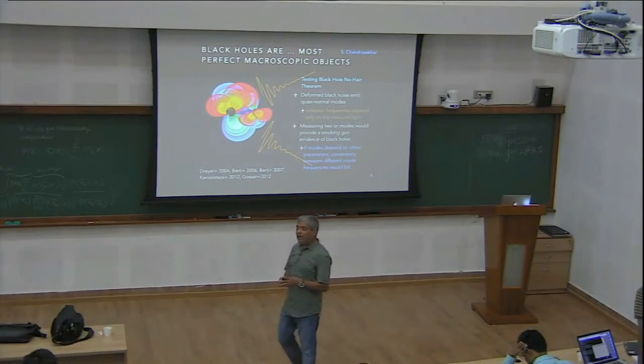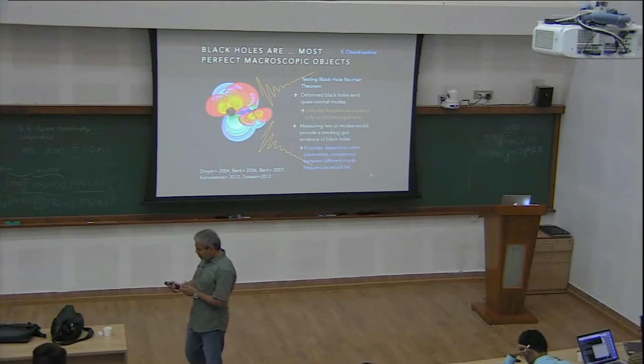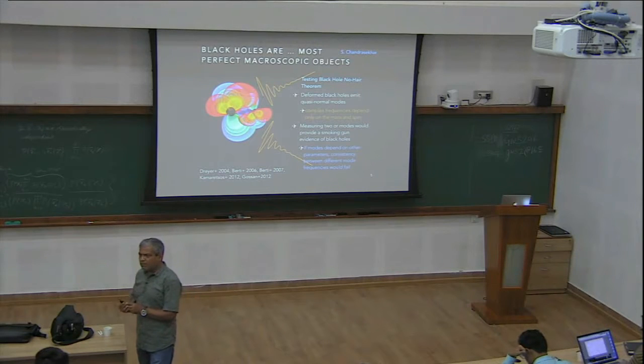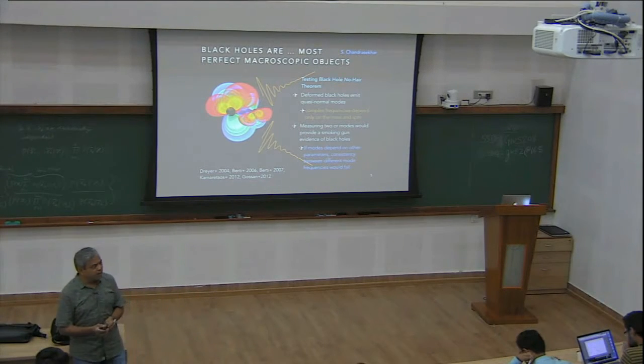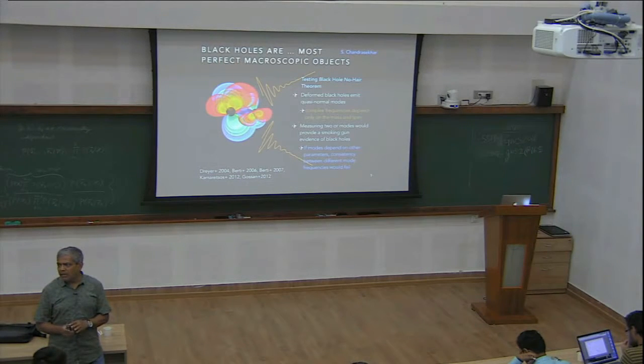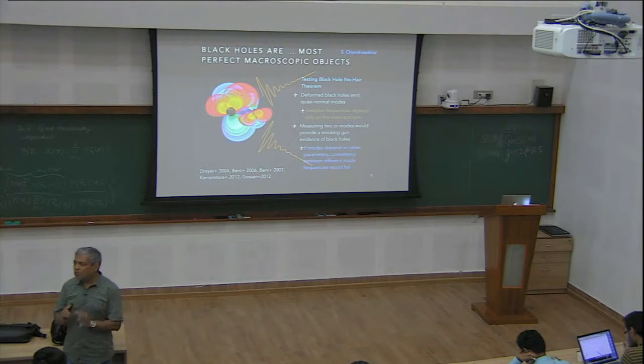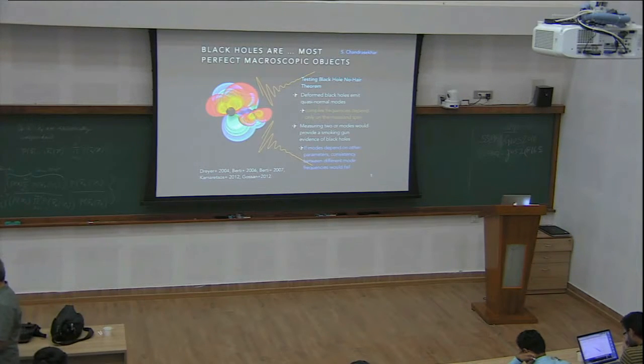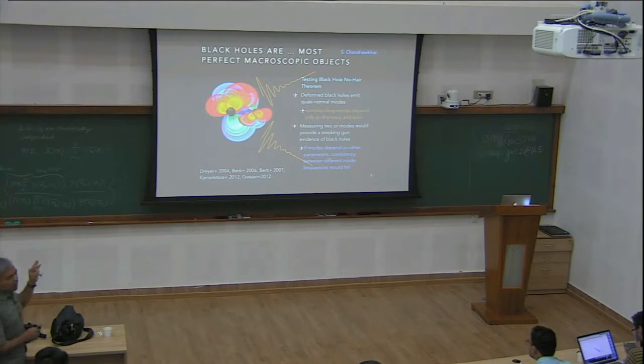But then, not just detecting them. If you ask me about GW150914, we haven't really detected quasi-normal modes. We call them black holes. Why is that? It's because we don't have any alternative model. We do not have smoking gun evidence to say that what we have detected are binary black holes.